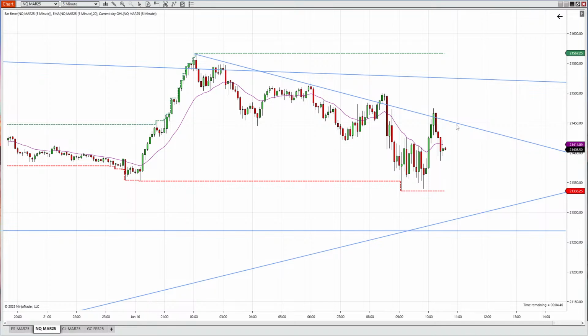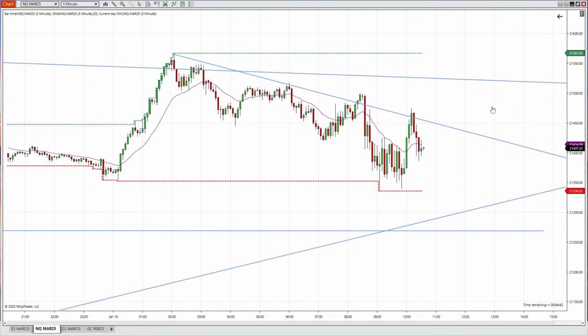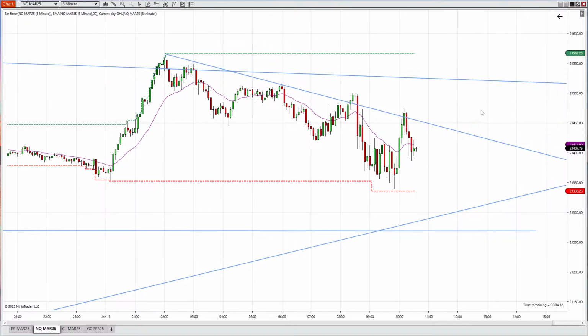I can look for a short entry at this trend line here. I can look for a short entry at this profit target here, which I'm assuming is going to be the secondary profit target.